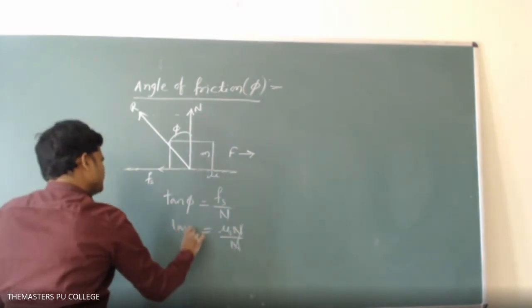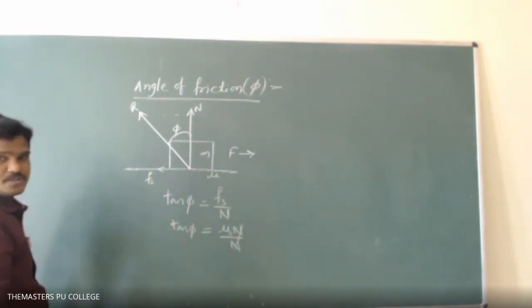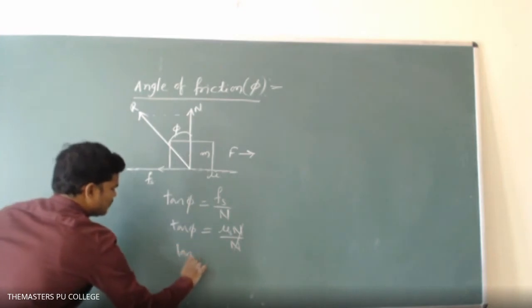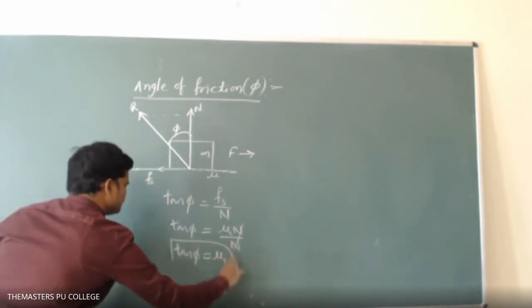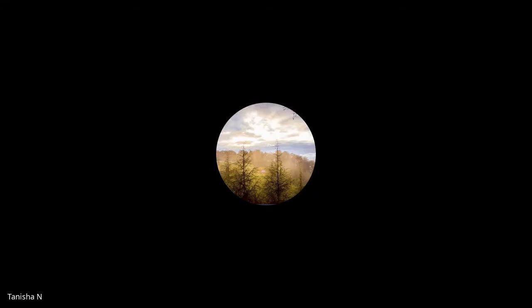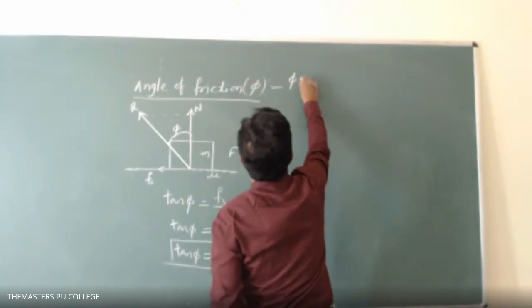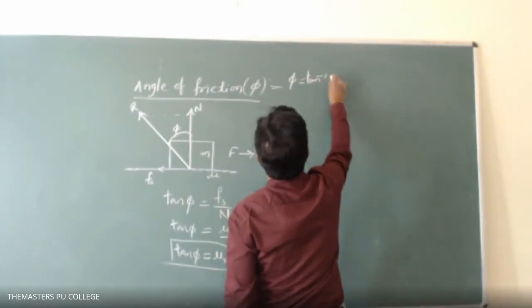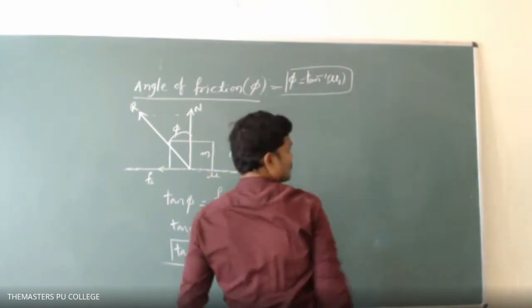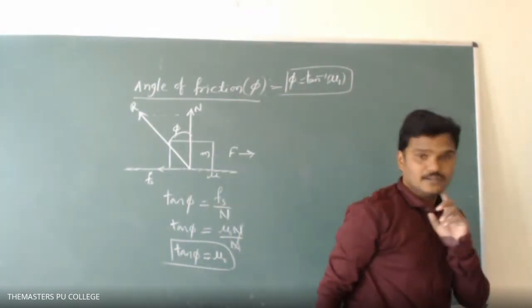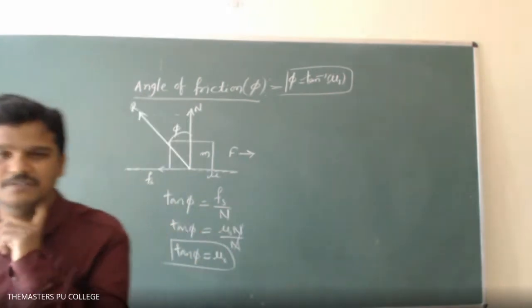Tan phi is equal to mu S. So phi is equal to tan inverse of mu S. This is the equation for the angle of friction. Simple equation.